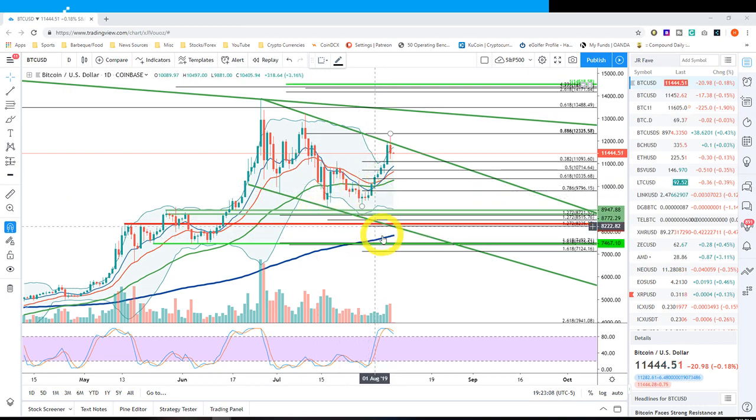But the 50 and the 200, as long as they're going up, it's a bull market, right? All this stuff in here is just nonsense. This is retracing. But as long as these two can stay going up, then the trend stays up. Does that make sense?